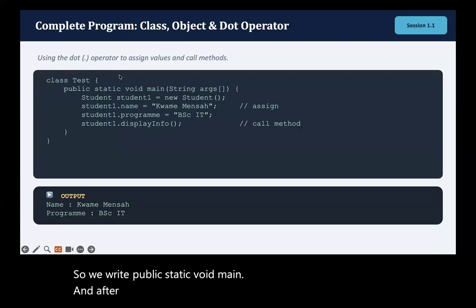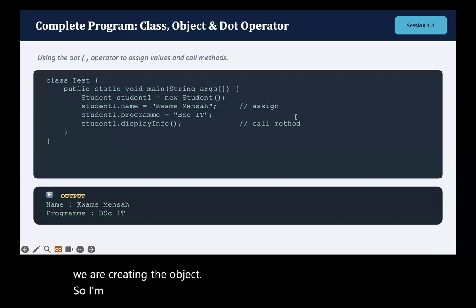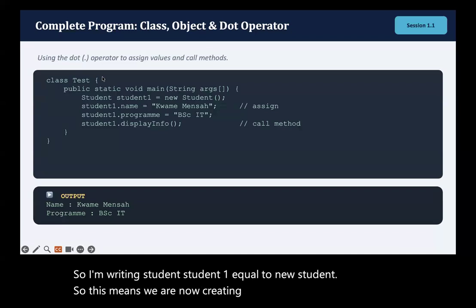See, we are opening the bracket. Inside the main, we are creating the object. So I'm writing student1 equal to new Student. This means we are now creating a real object in memory.